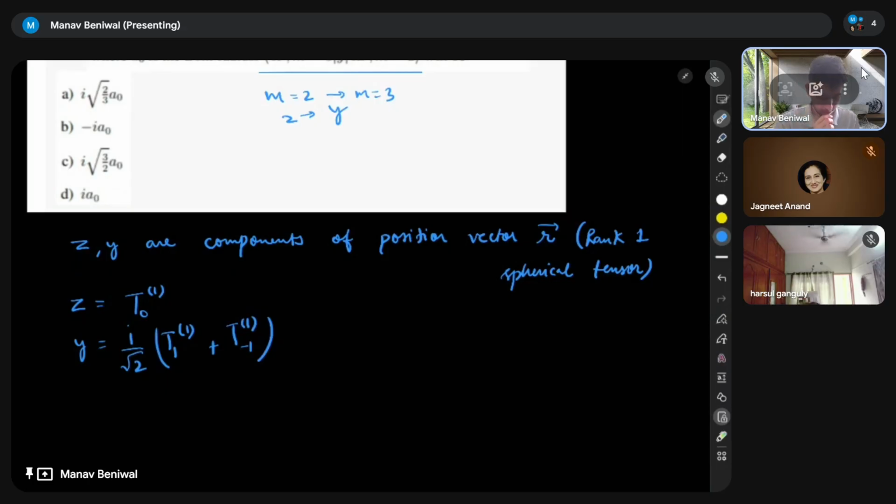Similarly our x is defined as iota by root 2 times T_1 minus T_minus 1. But for this problem we will not be requiring x, we just need z and y, so I'll just remove this.